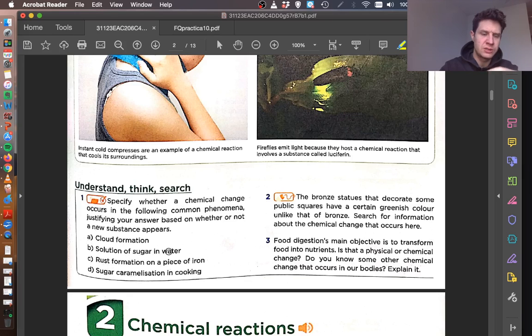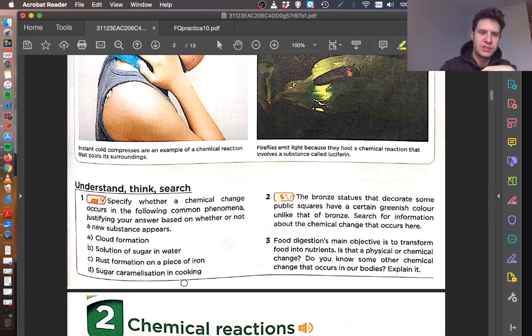Solution of sugar in water, no new substance is generated. We just dissolve sugar into water. Rust formation on a piece of iron: yes, as we have seen, we have iron and then we have iron oxide, as we saw in the formulation exercises before.